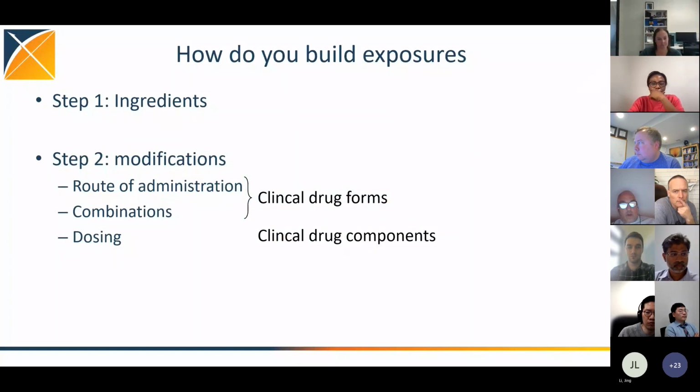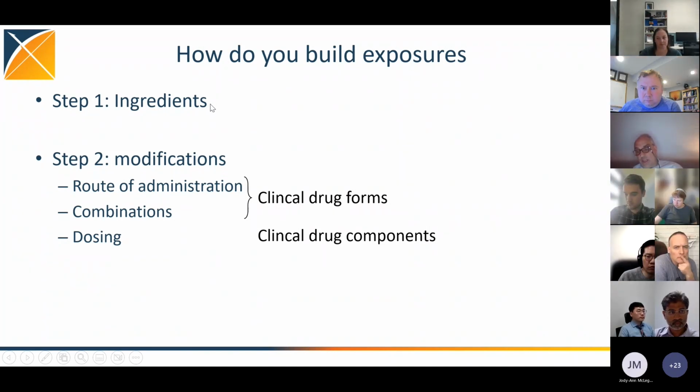You have to think about two things. What are the ingredients? Every drug has by definition at least one ingredient, otherwise it's not a drug. So everything that's a standard concept in the drug domain will have an ingredient. You need to define the ingredient.